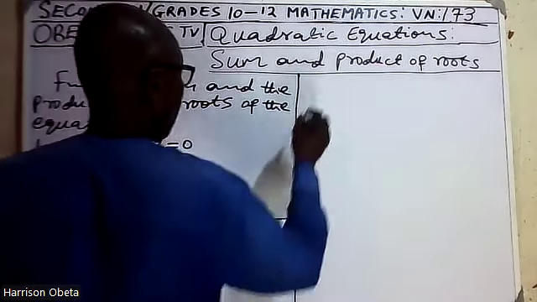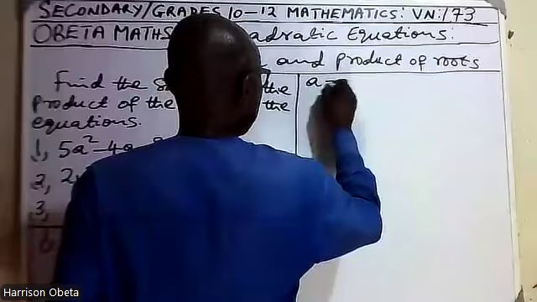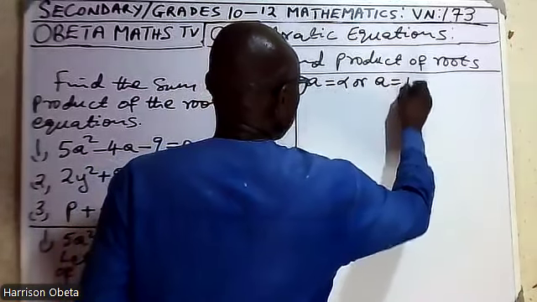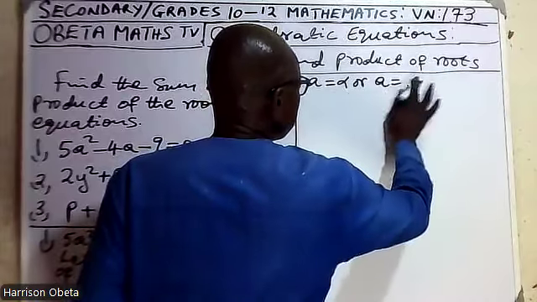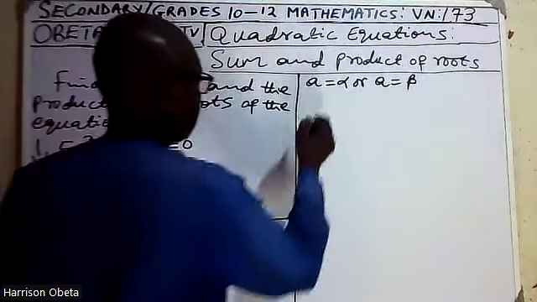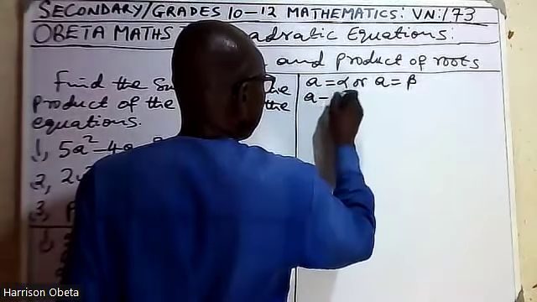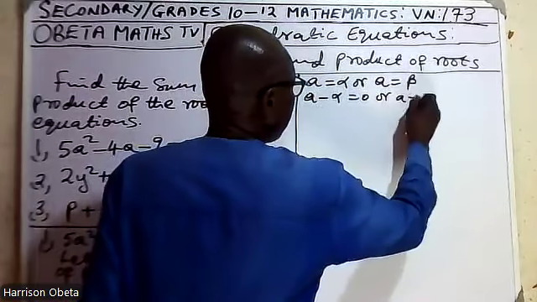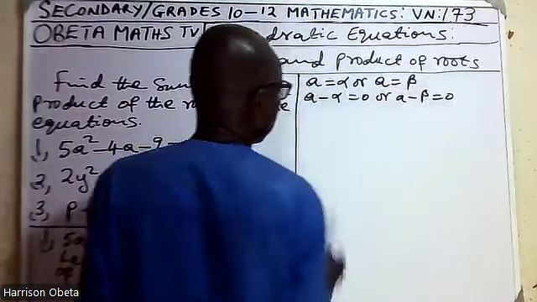That means we are talking of a is equal to alpha or a is equal to beta. And then that means that a minus alpha is 0 or a minus beta equal to 0.